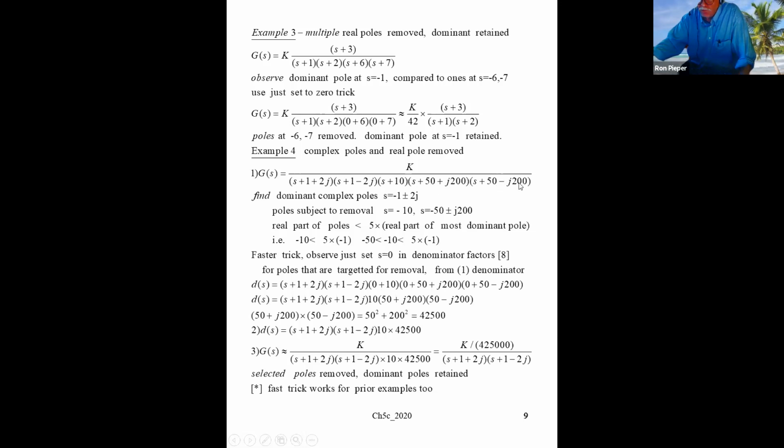We'll do them one at a time. If we take a look at our D of S, there it is right there, the part that we want to keep, notice the S's were not set to 0. And then the other terms, where the S's were set to 0, just setting S to 0 across the top.